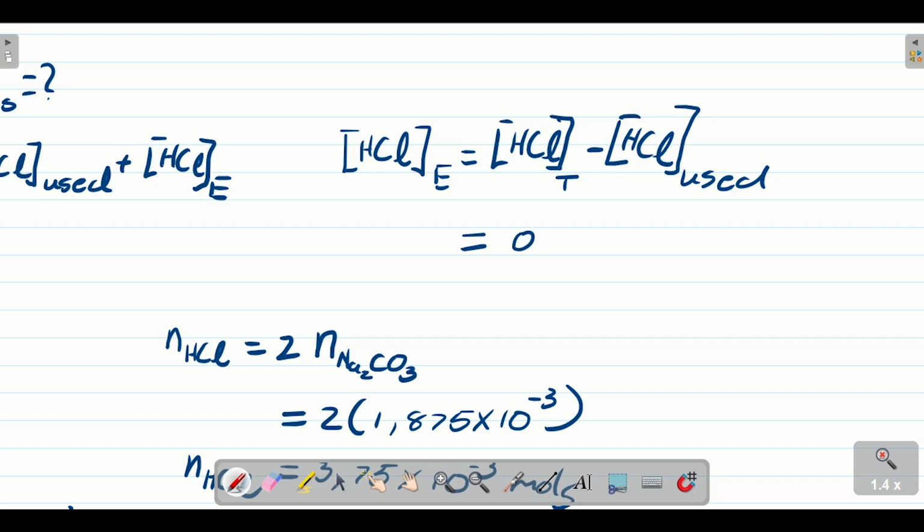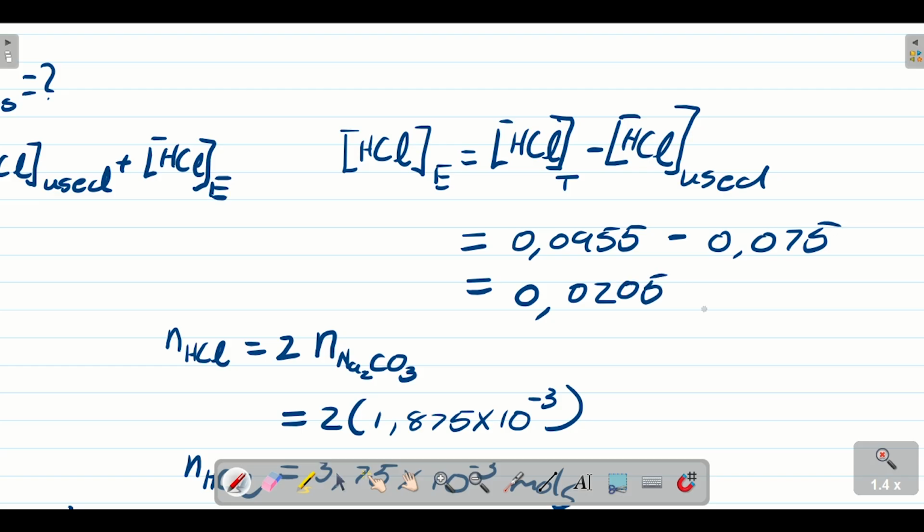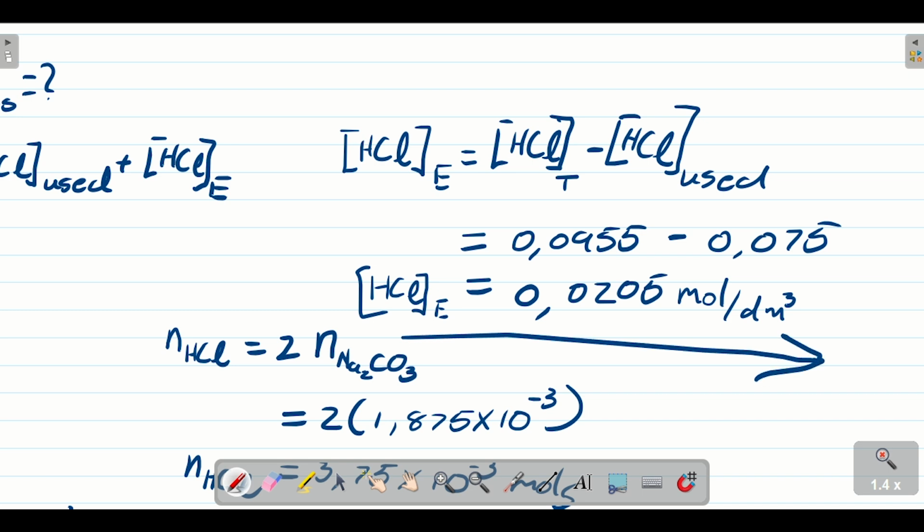So the total was 0.0955. The used, we just calculated as 0.075, which means the excess concentration is 0.0205 moles per decimeter cubed. And that's our final answer.